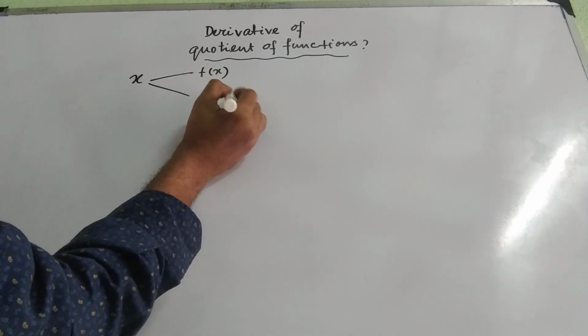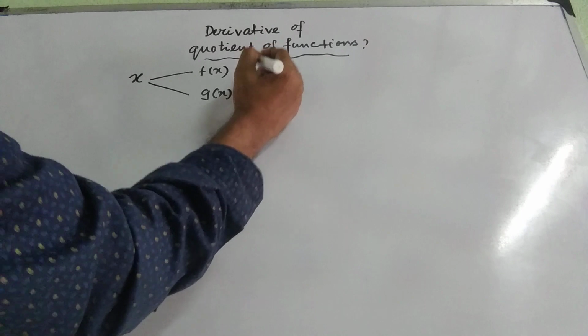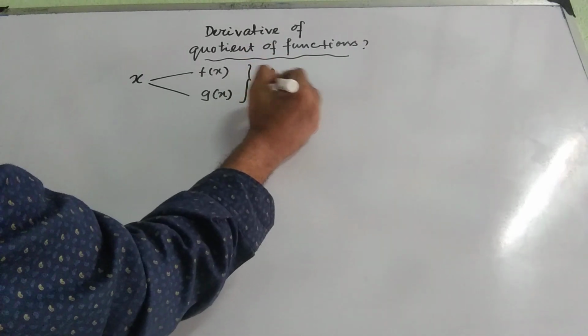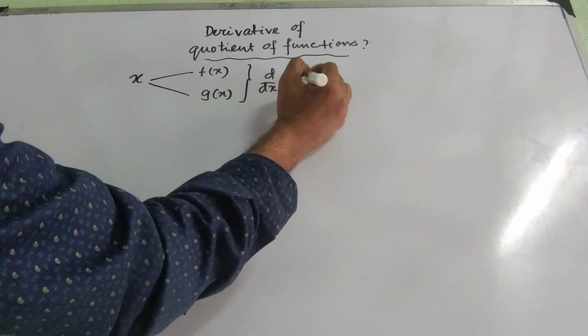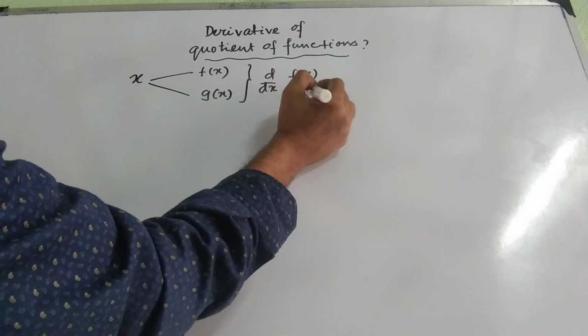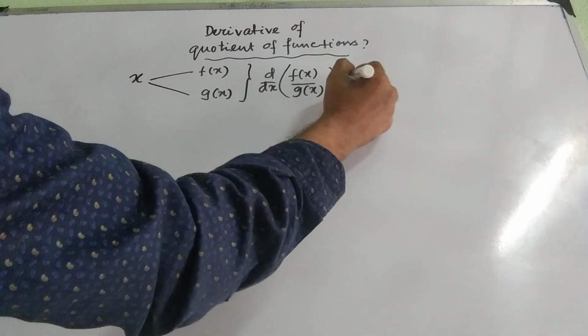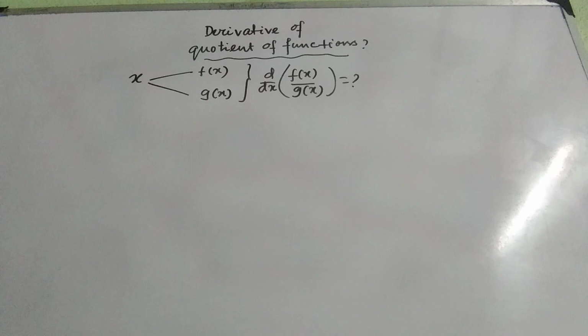Let me take a variable x and let the two functions of x be f(x) and g(x). Here I want to find out what d/dx of f(x)/g(x) will be, from the definition of derivative. That is my intention.